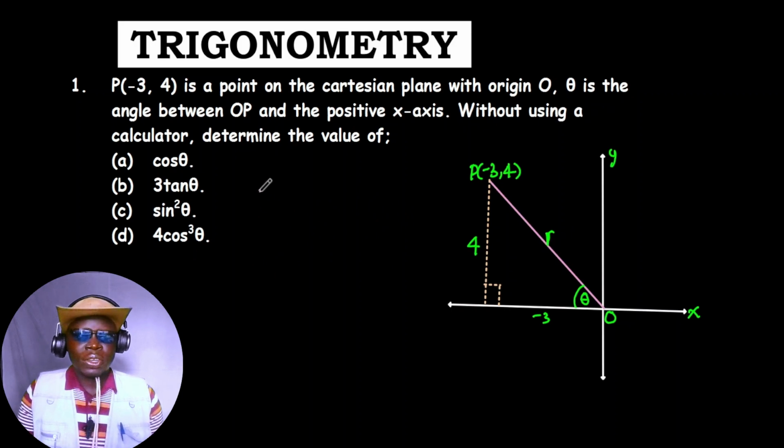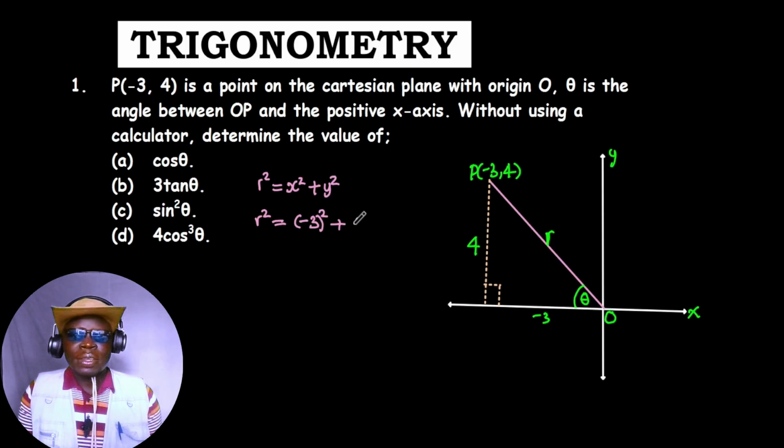R square equals X square plus Y square. Now let's make the substitution. R square equals X is negative, so we place it in brackets, and we have (-3) square plus Y is 4, and we also square that.